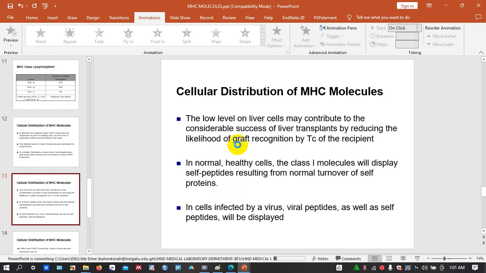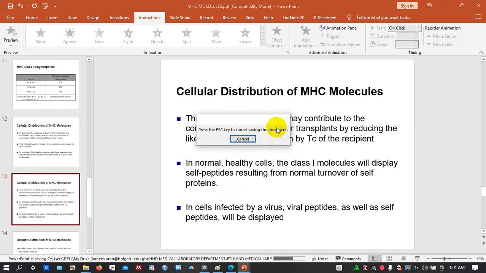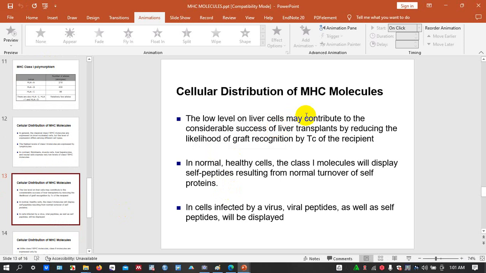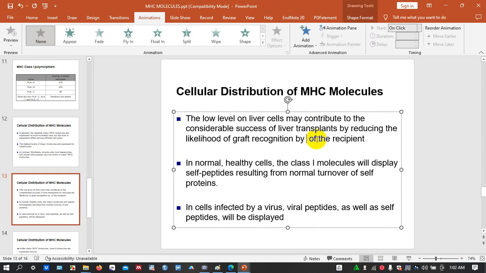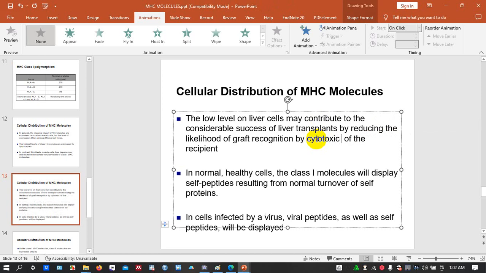The low level of MHCs on liver cells may contribute to the considerable success of liver transplant by reducing the likelihood of graft recognition by the cytotoxic T cells of the recipients. I've already explained this.